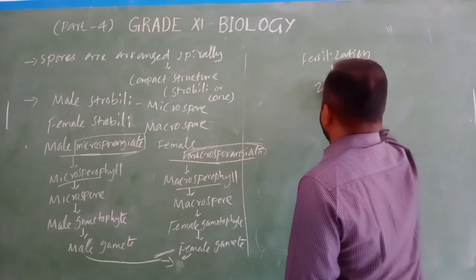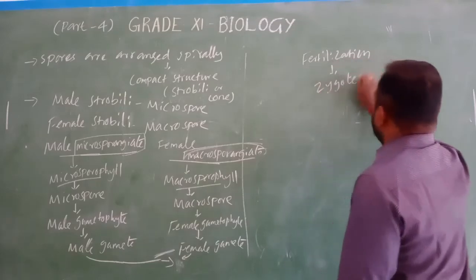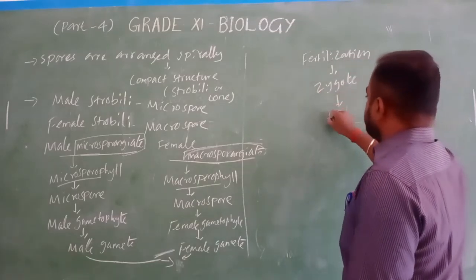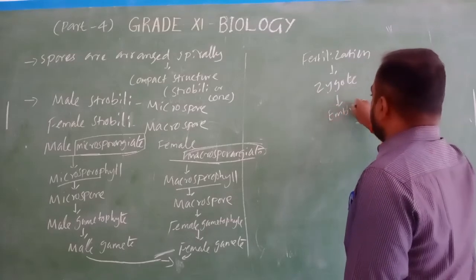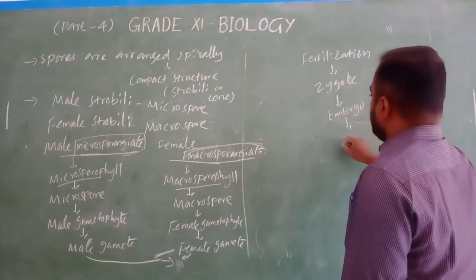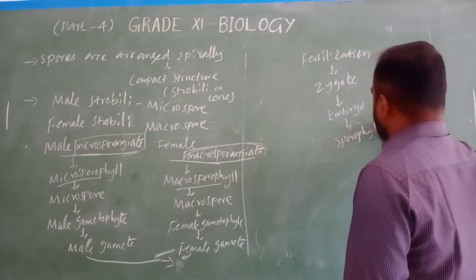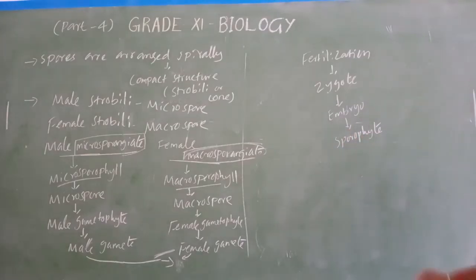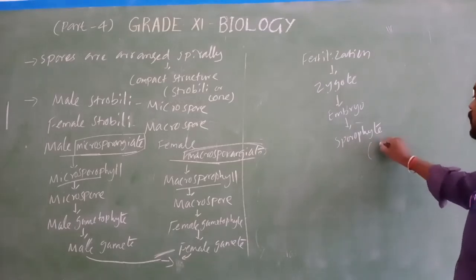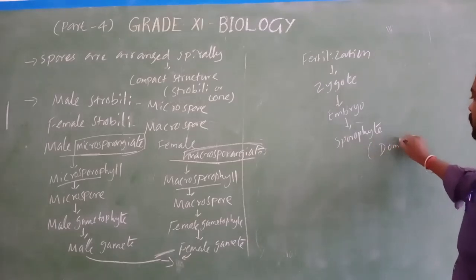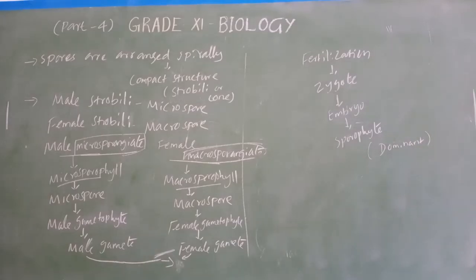Then the zygote will be formed, then the embryo, then the sporophyte. Here the dominant phase is the sporophyte.